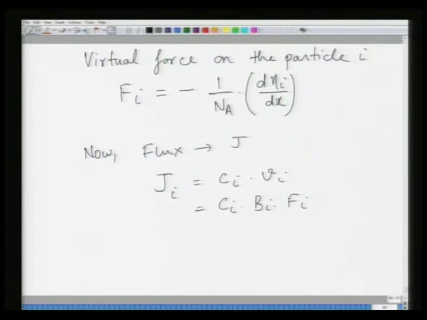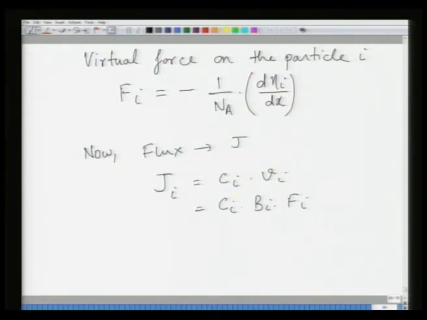This is the relation that we derived earlier, and this becomes your flux expression.